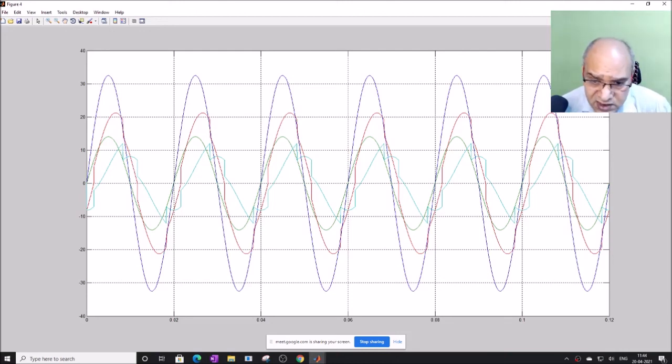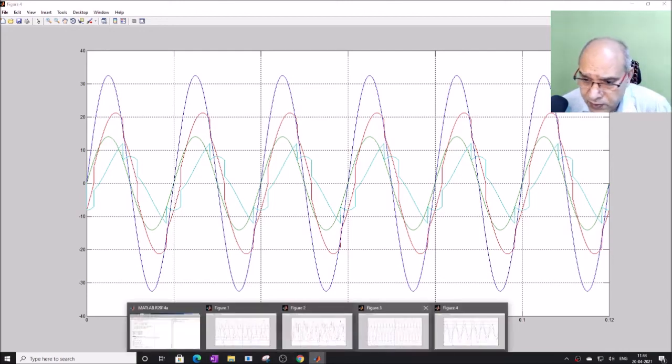Remember, this scheme is not possible with the help of passive networks, a passive compensator, because a passive compensator cannot generate negative power. However, here we can find some negative power for some phases, but this negative power is circulating between the phases such that the negative plus positive power becomes 0.